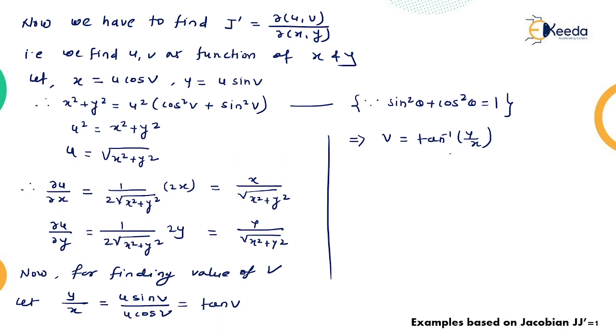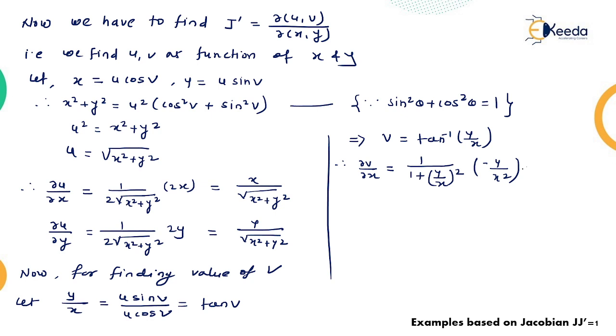So clearly v is a function of x and y, therefore immediately you have to find dou v by dou x. How is this calculated? The derivative of tan inverse of x is 1 upon 1 plus x square, so here it is 1 upon 1 plus y divided by x, whole square. Then the derivative of y divided by x, treating y as a constant, is minus 1 upon x square, so it becomes minus y upon x square.